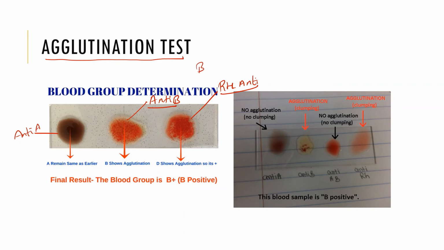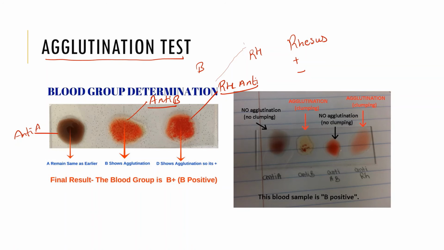This agglutination shows that there is a presence of factor RH. RH factor को हम rhesus factor भी कहते हैं. There's also a small surface protein present in the RBCs. If the protein is present, the person is positive. If the protein is absent, the person is negative. So that's the rhesus factor.